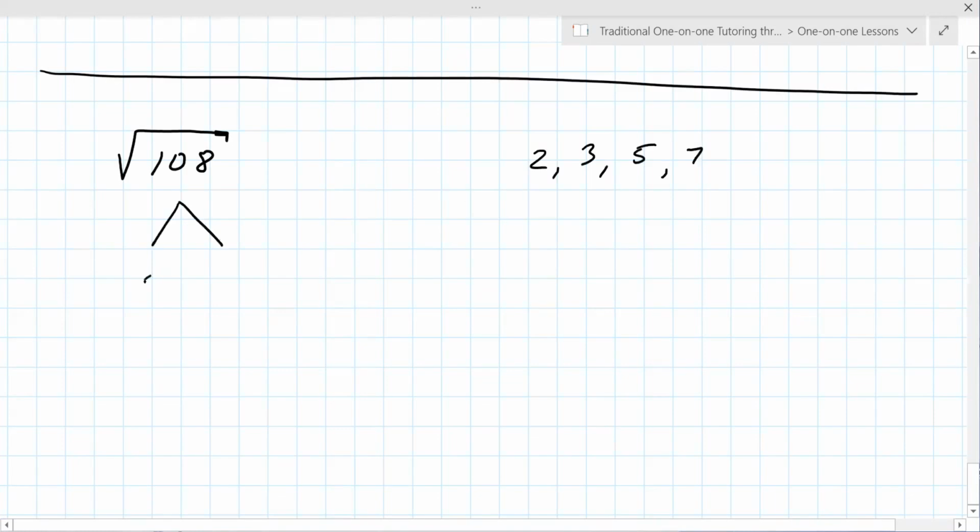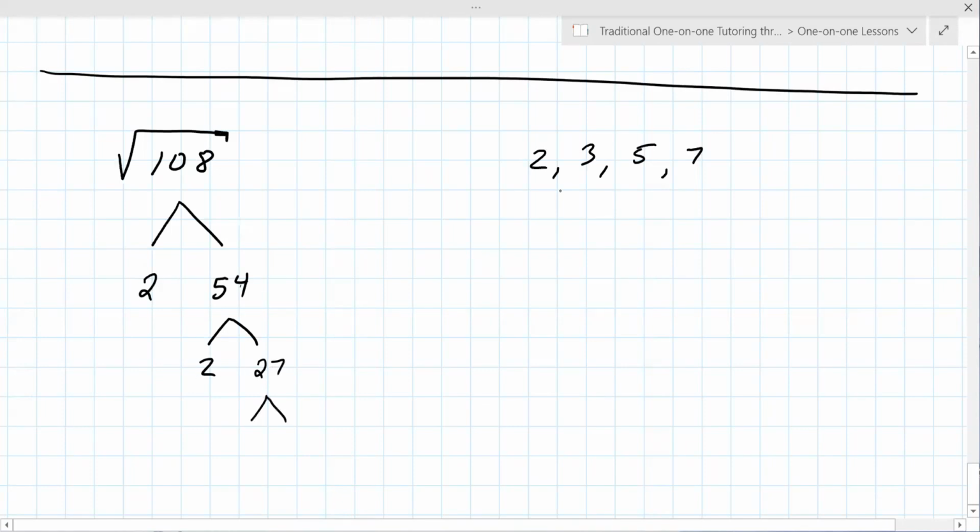All right. So is 108 divisible by 2? Yes, it is, 54. Okay, is 54 divisible by 2? Yeah. Okay, is 27 divisible by 2?